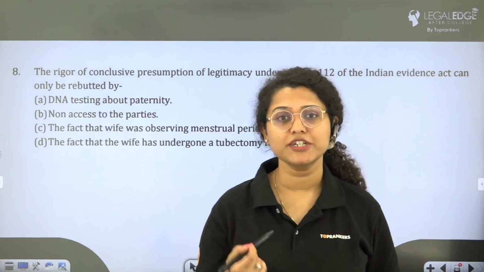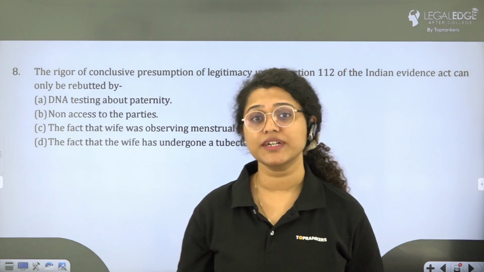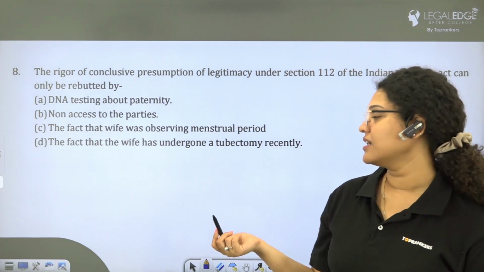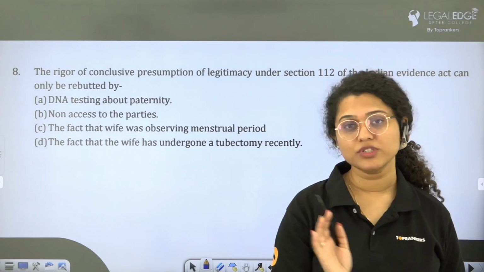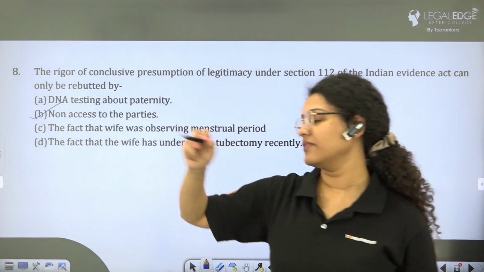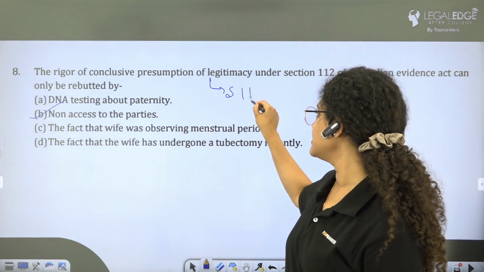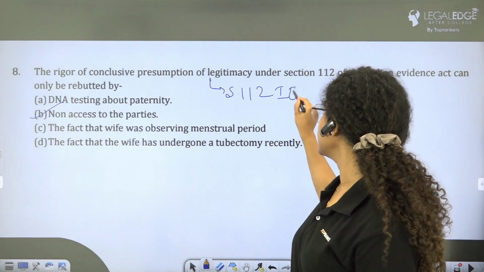So what do we need to prove if we want to rebut the conclusive proof under Section 112? To rebut that conclusive proof, there is only one thing which the parties can prove, and that is non-access to the parties. Where will you find this provision? This you will find under Section 112 of the Indian Evidence Act.